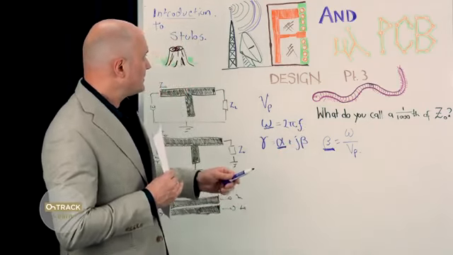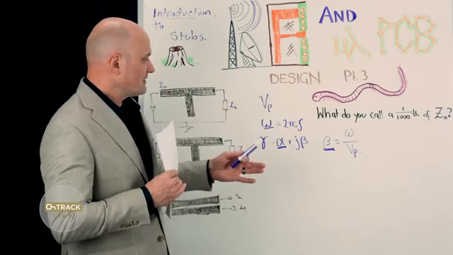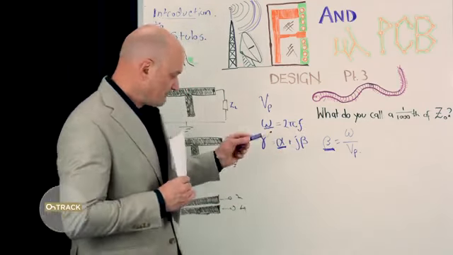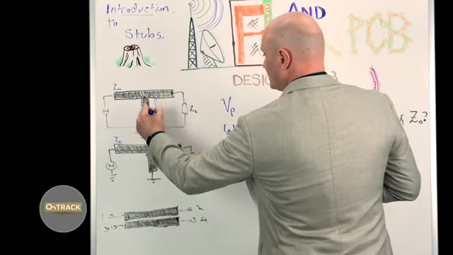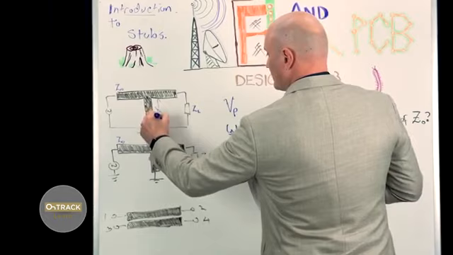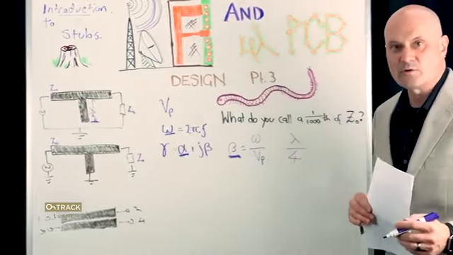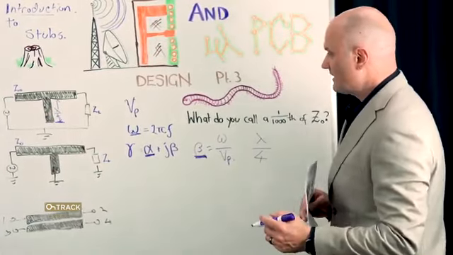We also talked last time about this magical distance we're interested in, which is wavelength, and then 1/4 of that. So these stubs in practical transmission lines will almost always be 1/4 of a wavelength long. Now why is that?